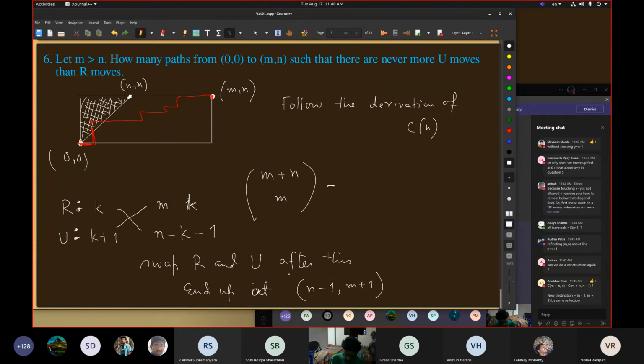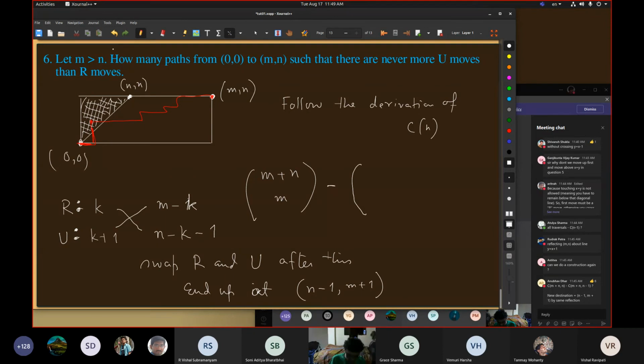Conversely, if you end up somewhere here, you can reverse the construction exactly as in the derivation of Cn. So total number of paths from 0, 0 to this point n minus 1, m plus 1 will be somewhere here, right?